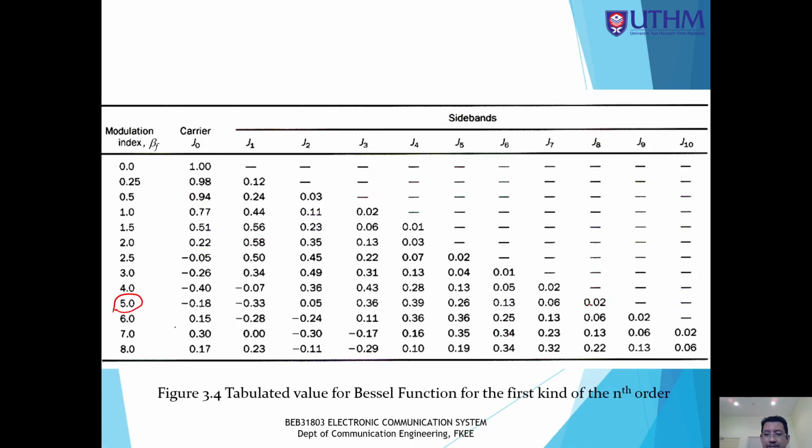You will get up to 8 pairs of sideband, so n is equal to 8. So you have J0 until J8, and you need to find V0 until V8.